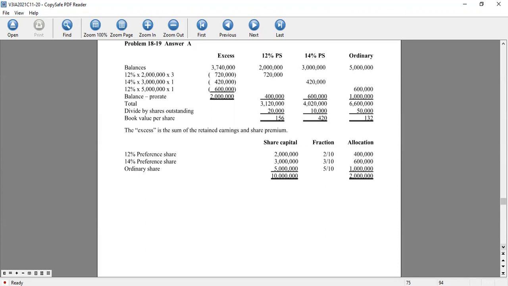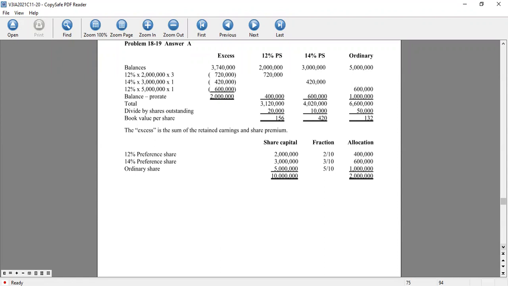Now, for the balances, initially, we have your preference capital of 2 million and the ordinary capital of 3 million. Here, we have preference share 12%, 2 million, 14%, 3 million, ordinary of 5 million.